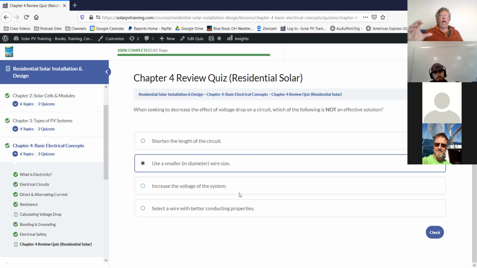That's a very dramatic loss. But if you start out at 1,000 volts and you lose 10 volts, well, it's an insignificant amount. So you increase the voltage, you haven't changed the amount of drop, but you've changed the effect of that drop on the power that's delivered.